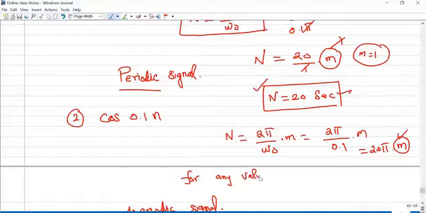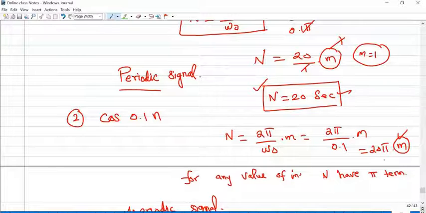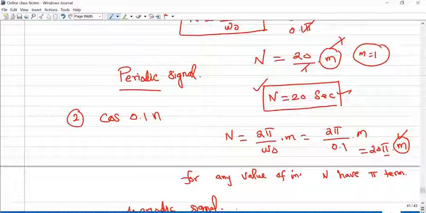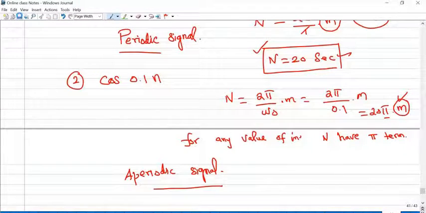For any value of M, M is the smallest positive integer only, you have to select 1, 2, 3, 4, 5 and so on. For any value of M, the N has a pi term. Therefore, this signal is an aperiodic signal.